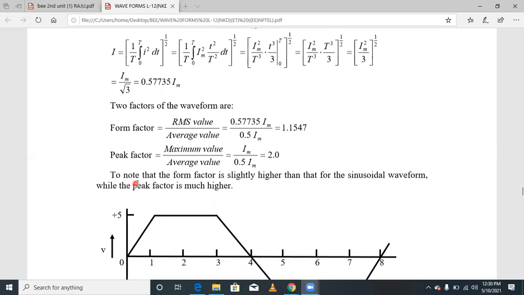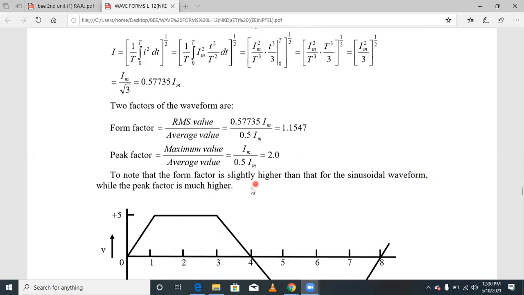Note that the form factor is slightly higher than that of the sinusoidal waveform. What is the form factor of the sinusoidal waveform? 1.11. But here, the form factor of the triangular waveform is 1.1547, slightly higher than that of the sinusoidal waveform.